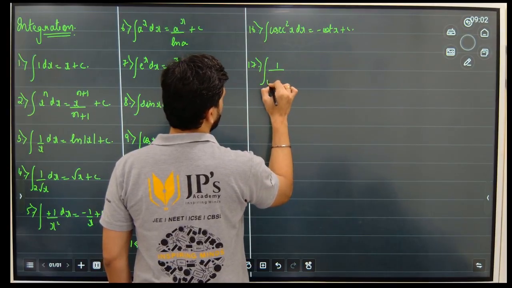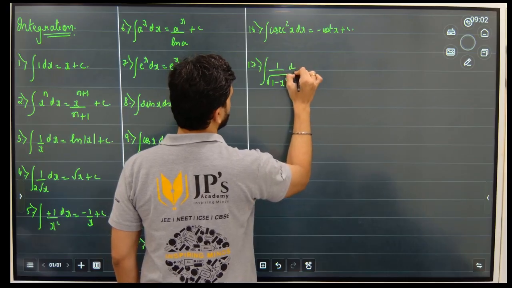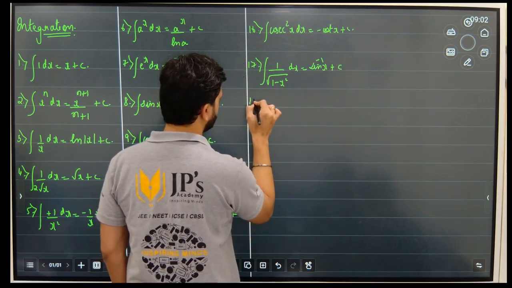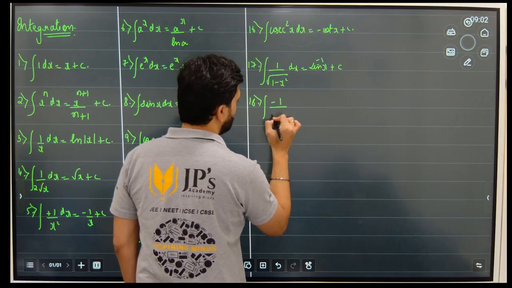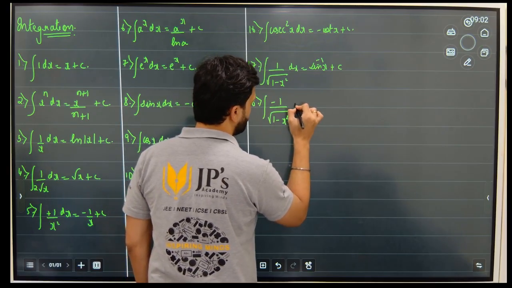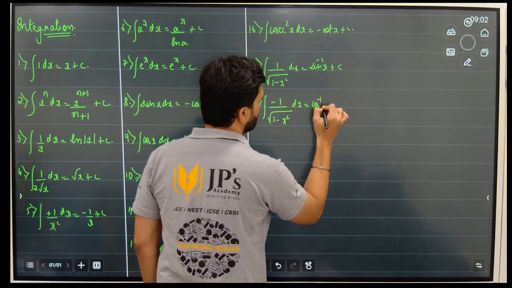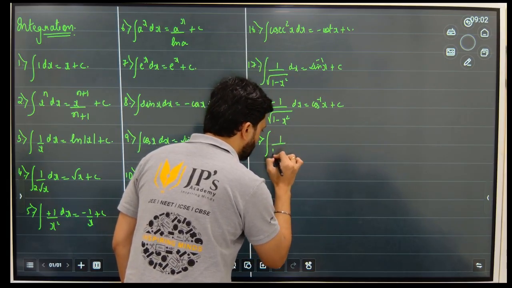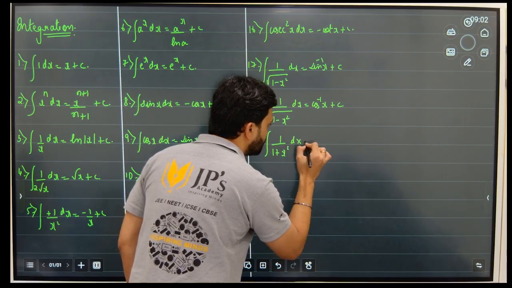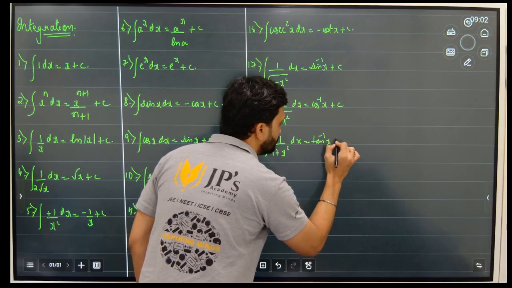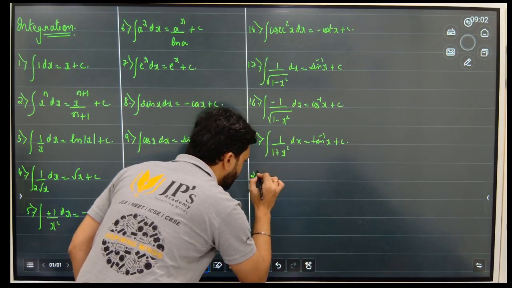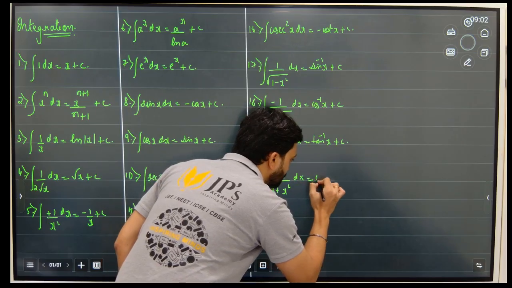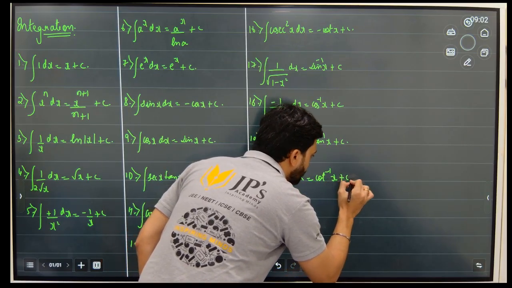Integration of 1 upon root of 1 minus x square dx is equal to sin inverse x plus c. Integration of minus 1 upon root of 1 minus x square dx is equal to cos inverse x plus c. Integration 1 upon 1 plus x square dx is equal to tan inverse x plus c. Integration minus 1 upon 1 plus x square dx is equal to cot inverse x plus c.